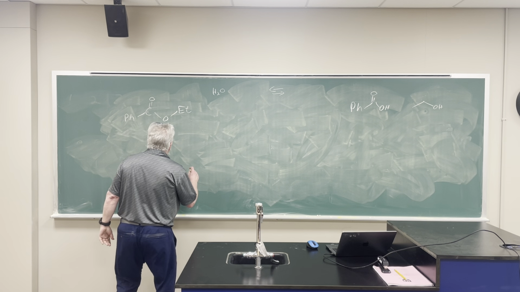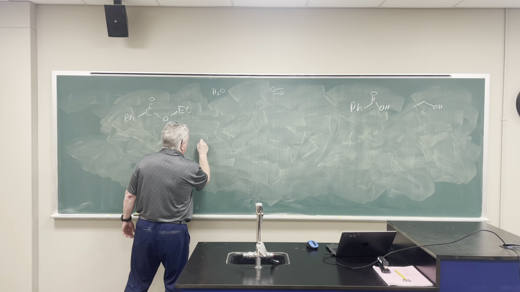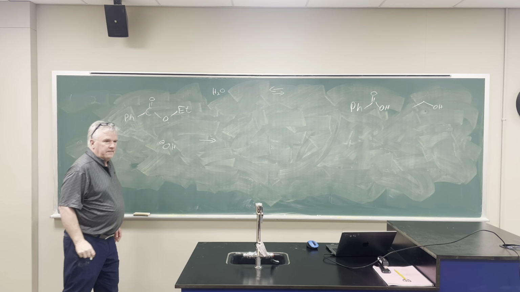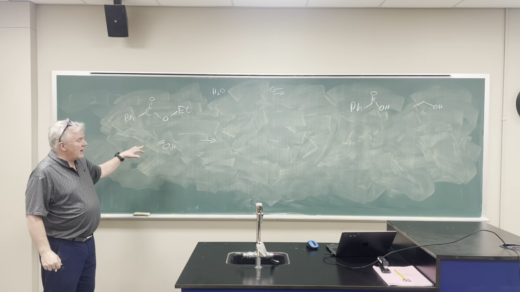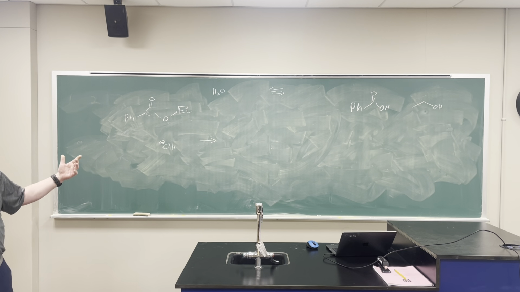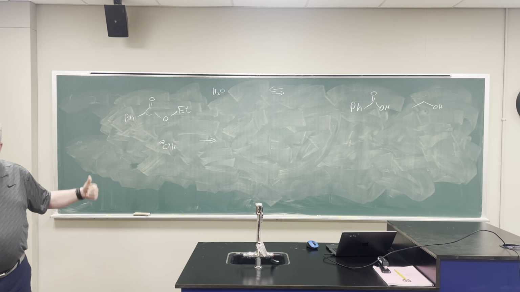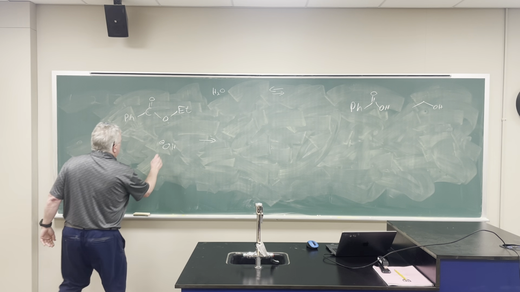So we're going to do this reaction, and the base I'm going to use is sodium hydroxide. Okay? So sodium hydroxide is not going to act as a base, it's going to act as a nucleophile. What's the first step in this reaction? It's just the nucleophilic attack of our carbonyl carbon.